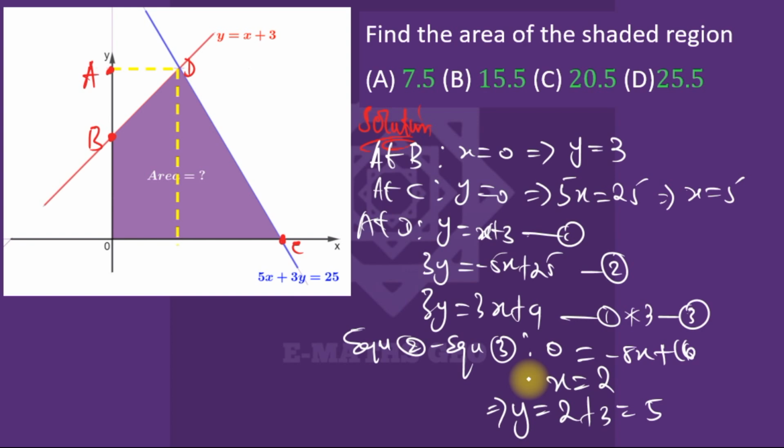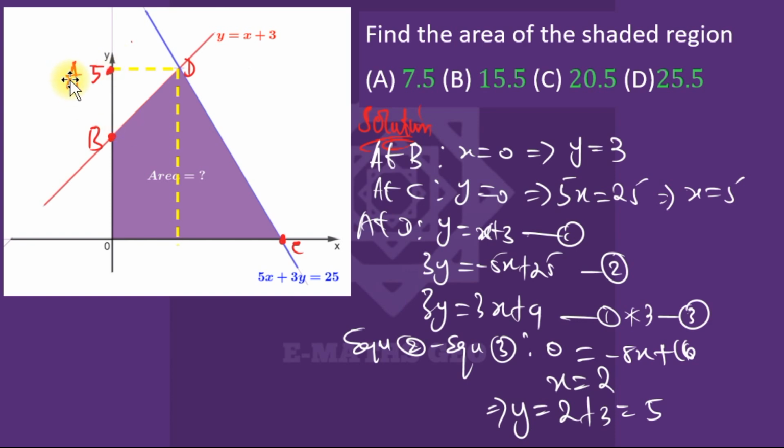So what are we trying to say? We'll see that this point is 5. That's the height here is 5. So this is our 5.